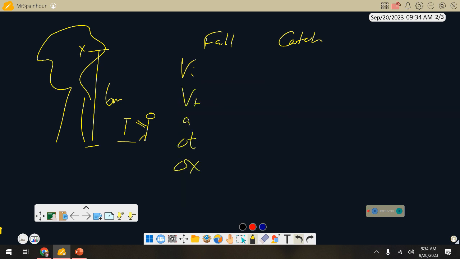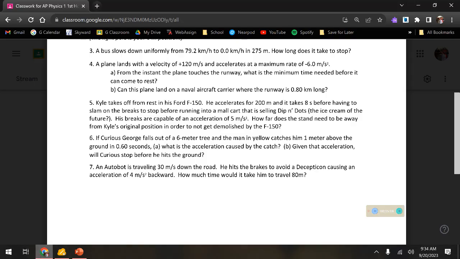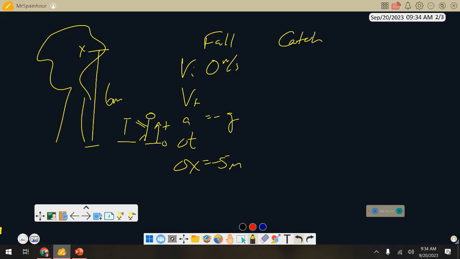So for the fall, I'm going to say ground is 0, up is positive. Initial velocity is 0, acceleration should be negative g, the fall should be negative 5 meters. 0.6 does not go in time. Okay? Why not? Well, because the problem very clearly dictates that he is caught in 0.6 seconds. This time here, and we don't know it yet, but what does this time here represent?